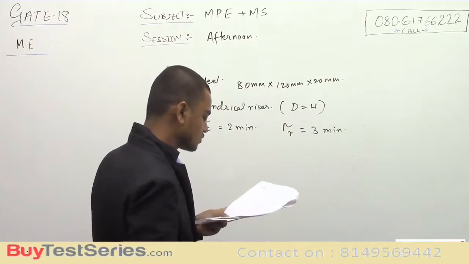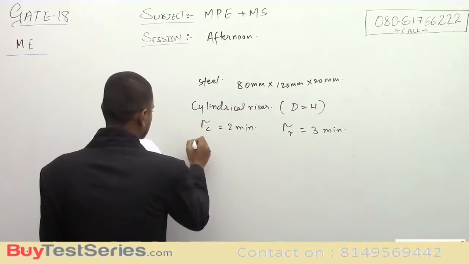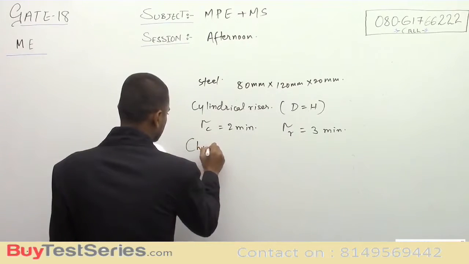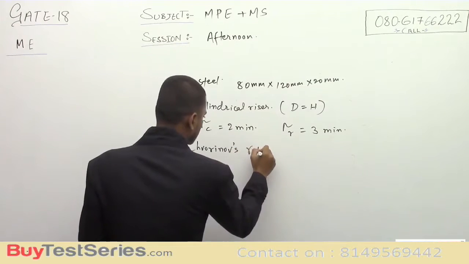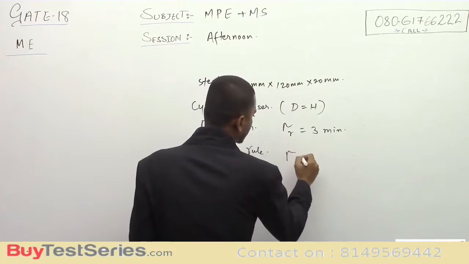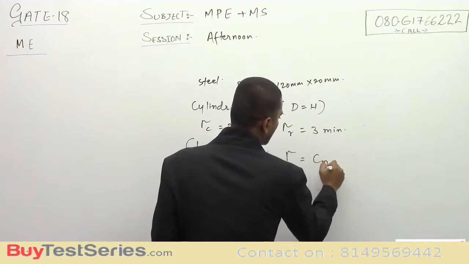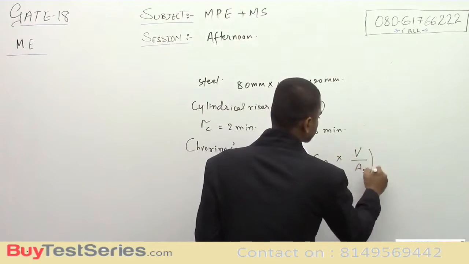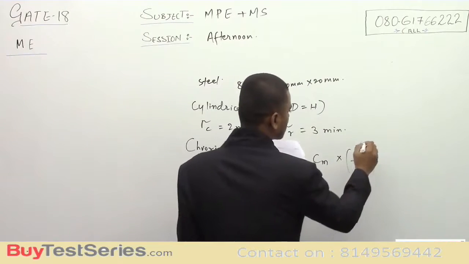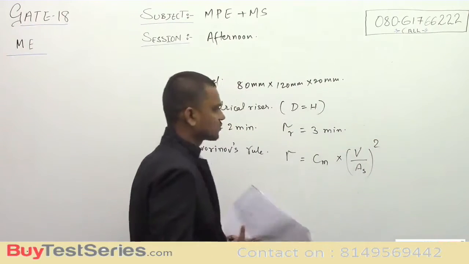and the exponent is 2. So by using Chvorinov's rule, we know that solidification time is equal to the mold constant or solidification factor into volume upon the surface area exposed to heat transfer, to the power 2, which is the exponent given here.